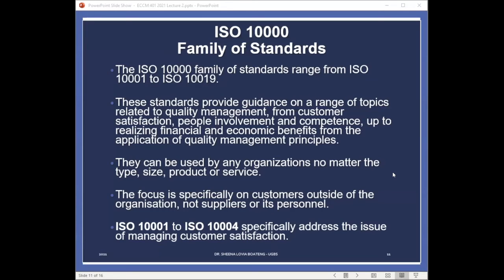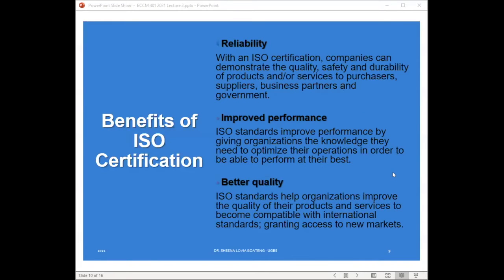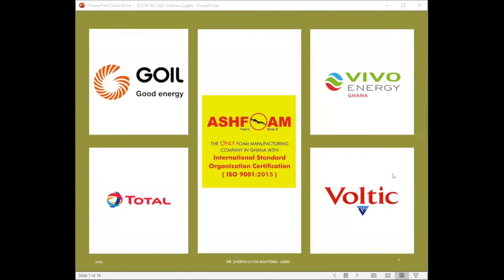Okay, so basically what we were saying is that the ISO standards are developed by the International Organization for Standardization, right? Yes, and they develop these standards in conjunction with the standards bodies of over 165 countries. And these standards cut across organizations. So depending on the purposes of the organization, they can decide which set of standards they want to be certified for.